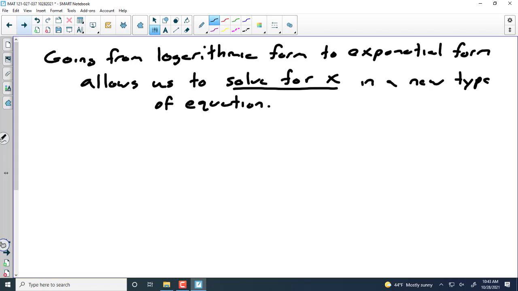Last time we learned a technique for solving for x by making the bases match. Today, we learn a new way to solve for x by being able to go from logarithmic form to exponential form. I will show you.